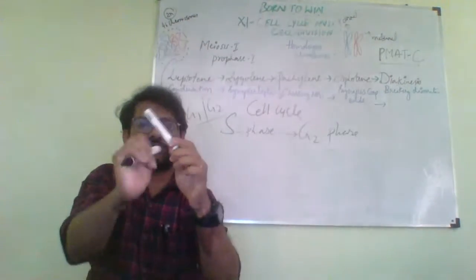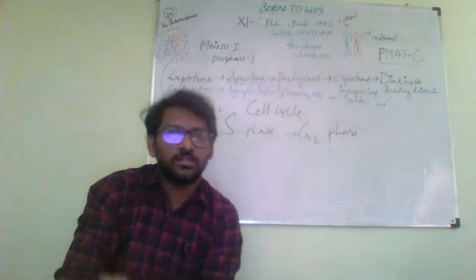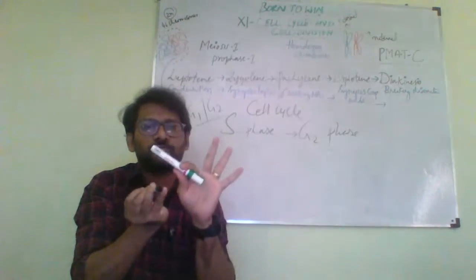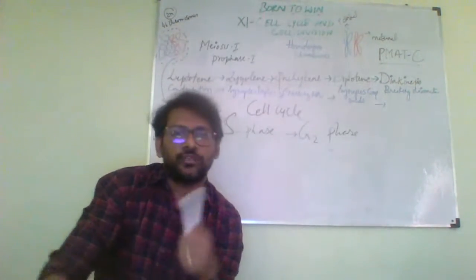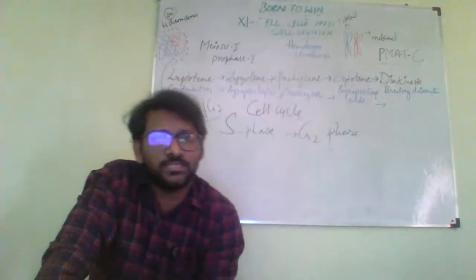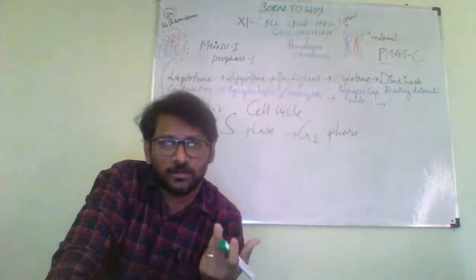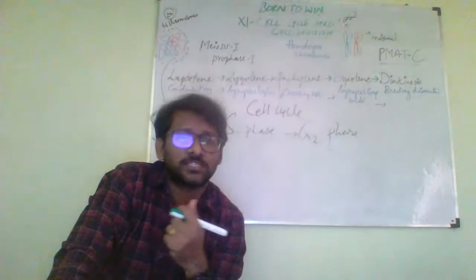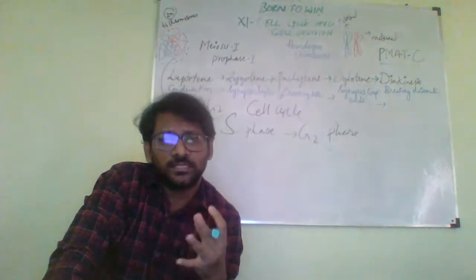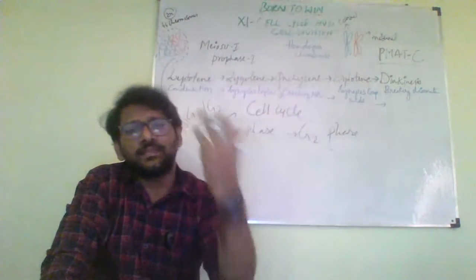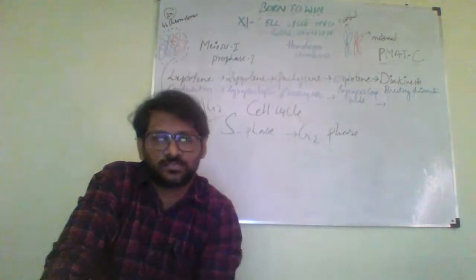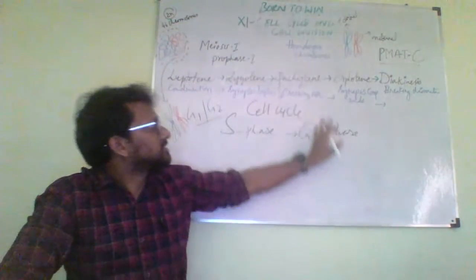One would be like this, one would be like this. These two centrioles are formed during this G2 phase. And why are the centrosomes and centrioles formed here, especially in the animal cell? Because it is preparing itself for the next phase, that is M phase.